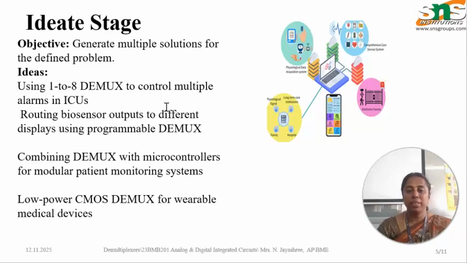So combining DMUX with the microcontroller for modular patient monitoring systems, and low power CMOS DMUX for wearable medical devices. The main objective of the ideate stage is to generate multiple solutions for the defined problem. For one particular problem, we can generate multiple solutions.